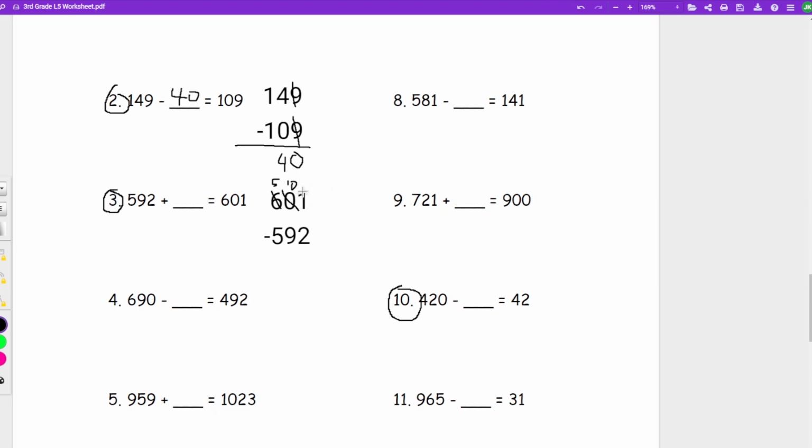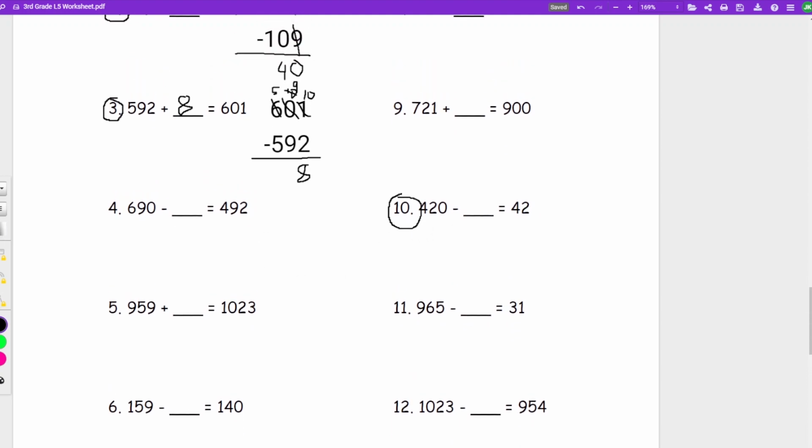But then we also need to create a 1 here, so that actually becomes 9. That becomes 9, and this becomes 10. So we get 5, 9, and 10. 10 minus 2, that's 8. 9 minus 9, that's just 0. 5 minus 5, well, that's 0 also.